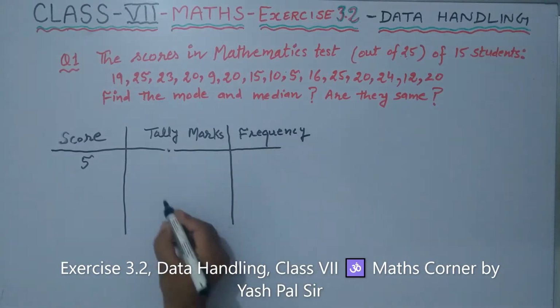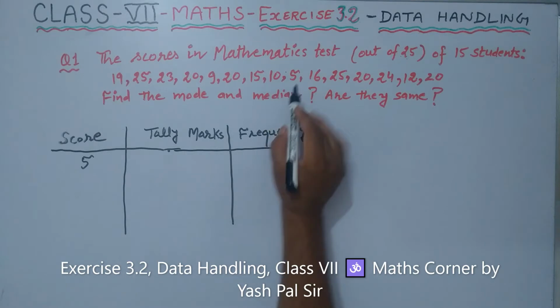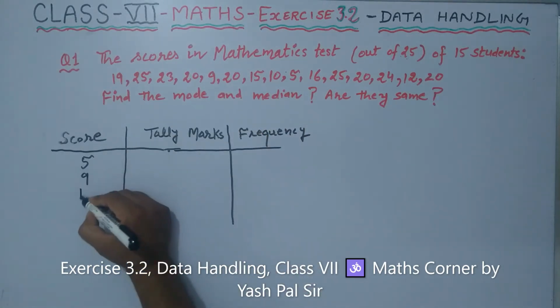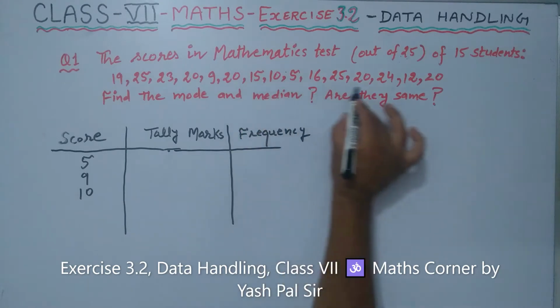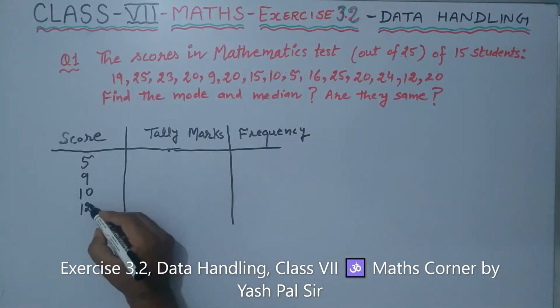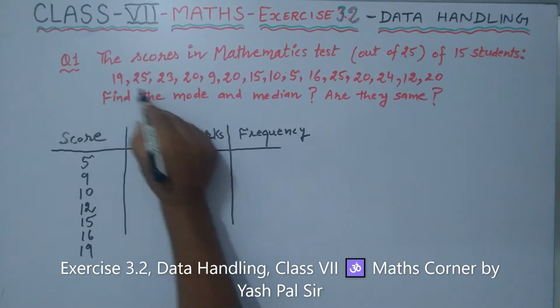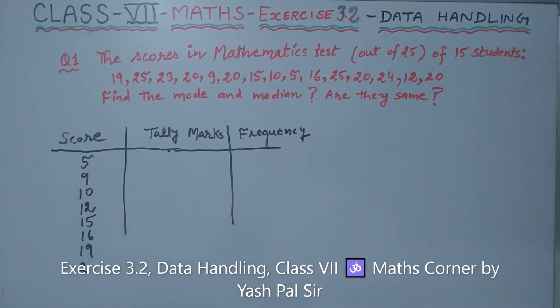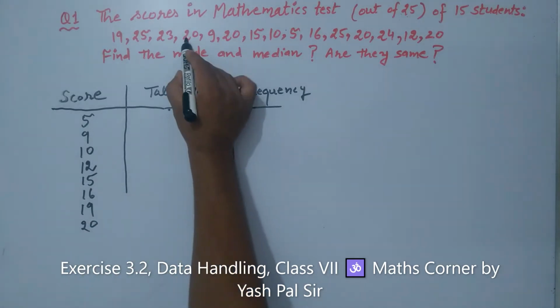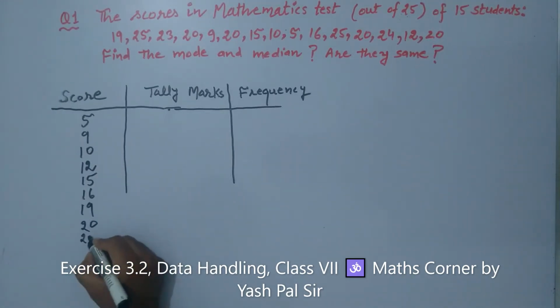So after 5 we have 9, then 10, then we have 12, thereafter we have 15, 16, 19, 20, and after 20 we have 23, 24, 25, right?